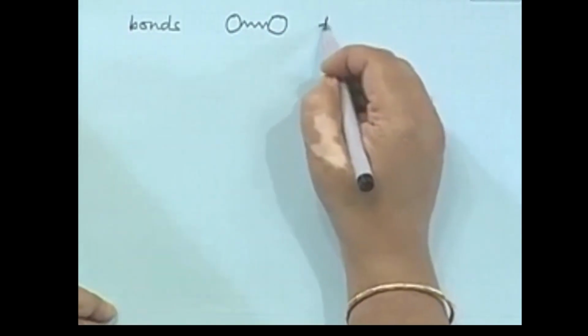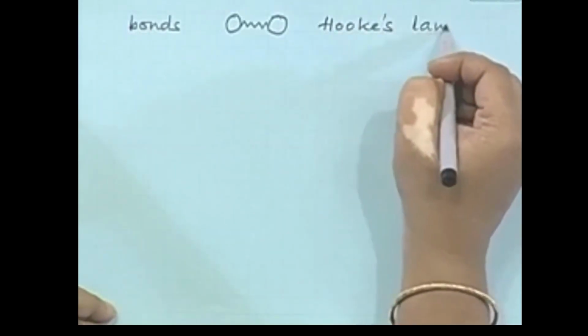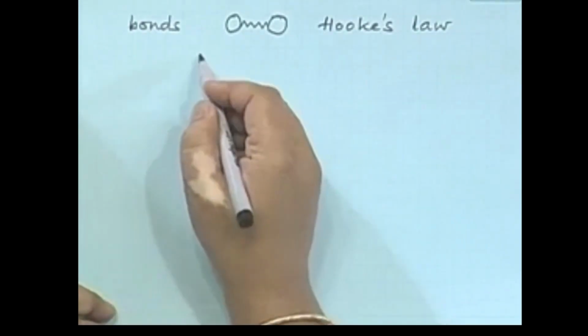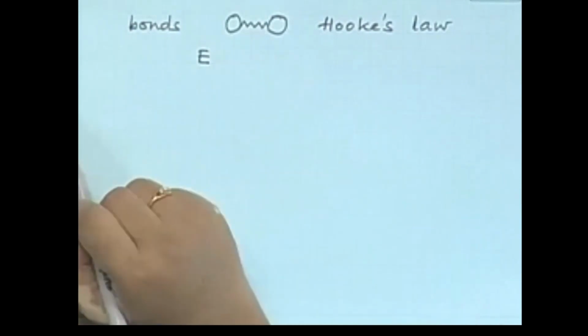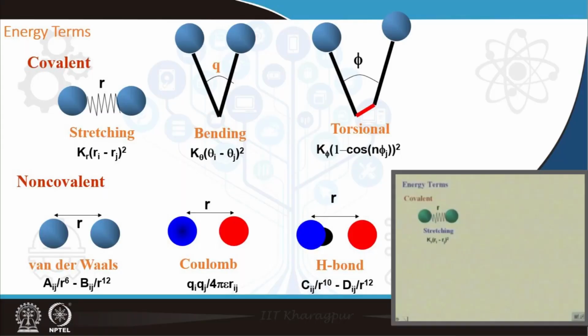All of you know what Hooke's law is. When you have two masses connected by a spring, they are going to give you some energy following Hooke's law. What is this energy due to? It is due to stretching energy.